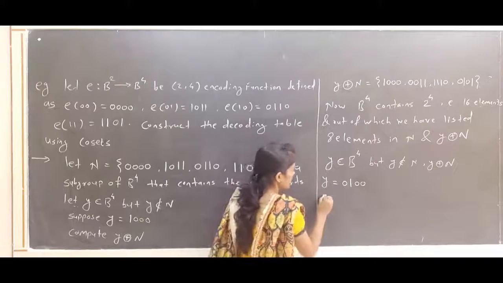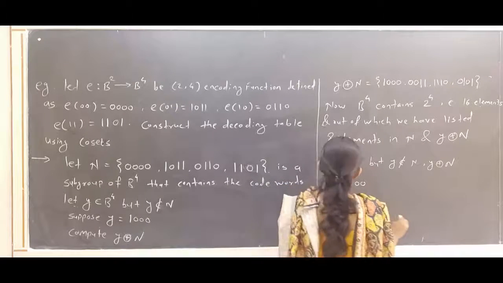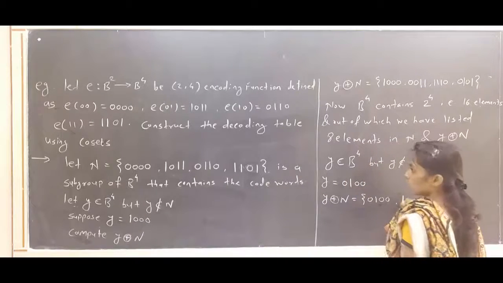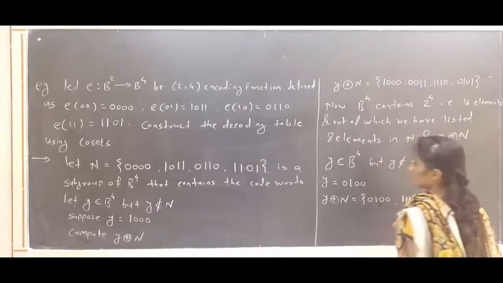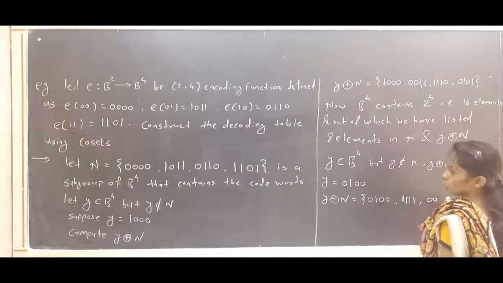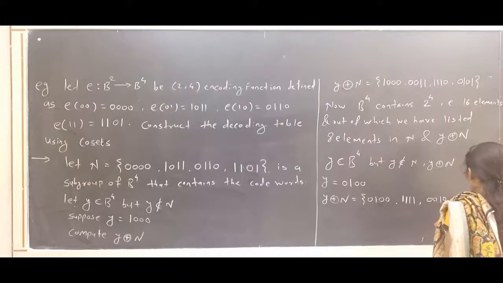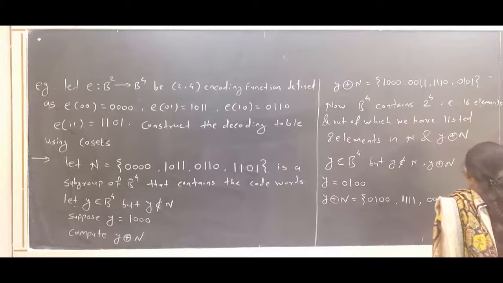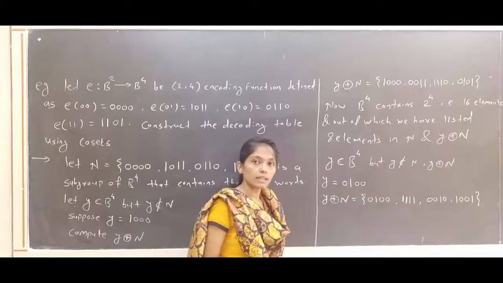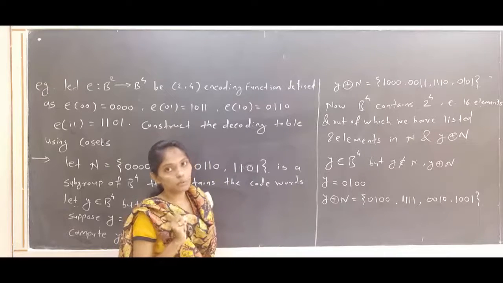Okay, now again we want to find y ring sum N. So y ring sum N is here 0100, then 1111, after that 0010, and last one 1001. Okay, so we get the next 4 elements. Now here we have listed 12 elements. So again 4 elements remaining.